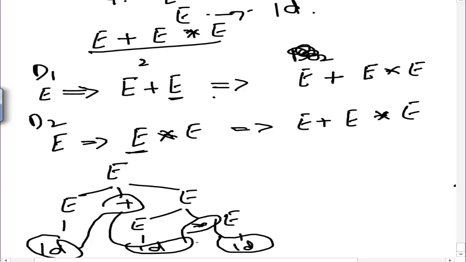So this is ID plus ID into ID, or E plus E into E, the same thing.